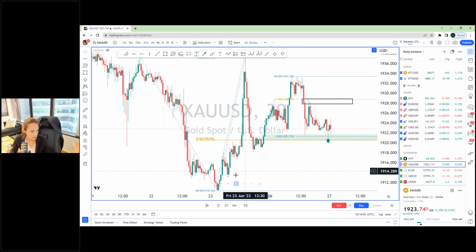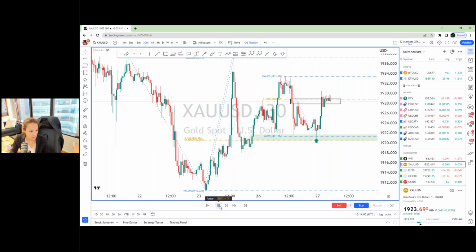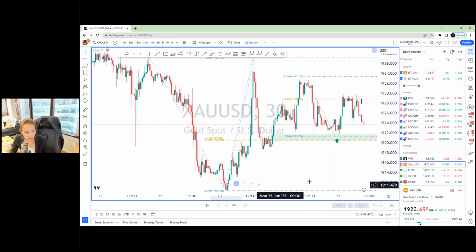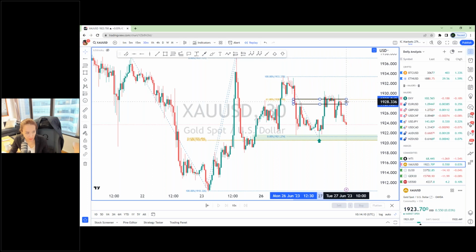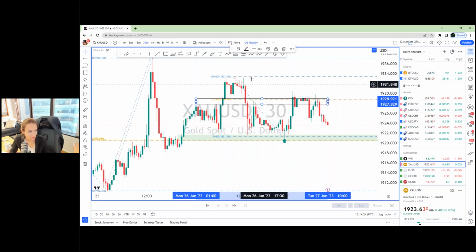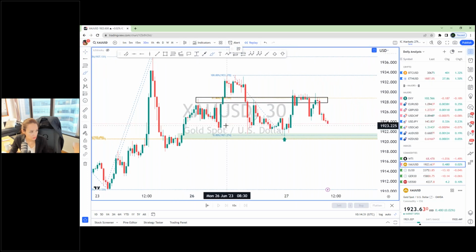Okay, and let's see. You see? Why is this zone important to me? Why do I look at this zone? Because there is 61.8% and this is my supply zone here. If you were to trade a double top or the M pattern, it might be something like that, right? And then this level could be like the next line.